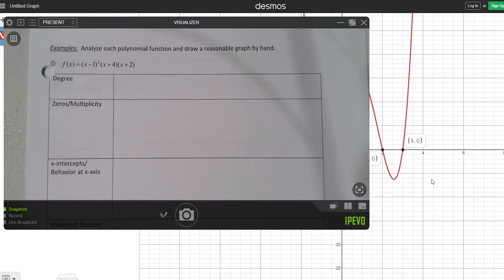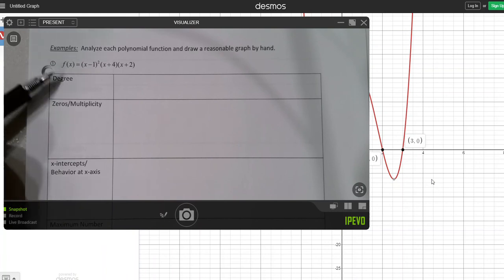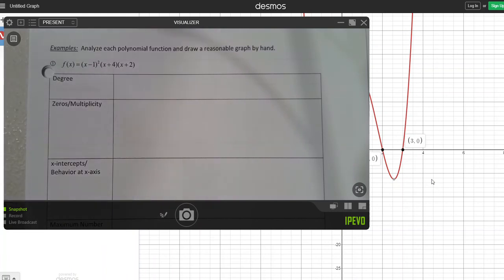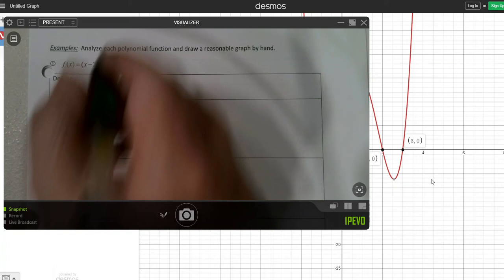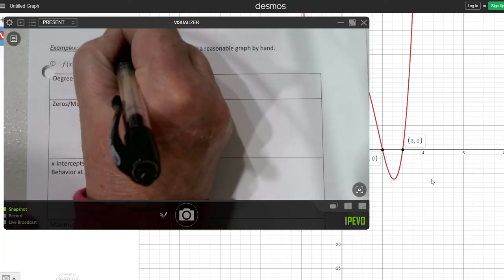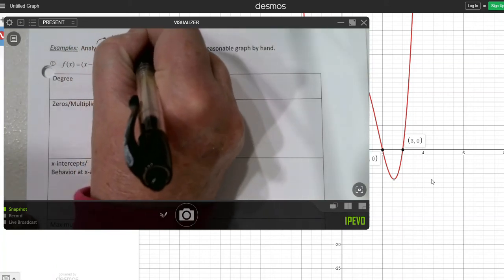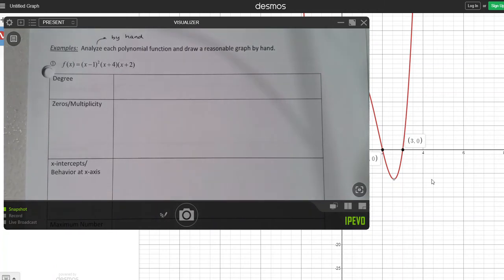In this particular case, it happens to already be factored. And we're being asked to do all of these things, analyze by hand, and then draw a reasonable graph. Of course, if there's things that I can't graph by hand, I do have a Desmos or a calculator to help me if I need it.